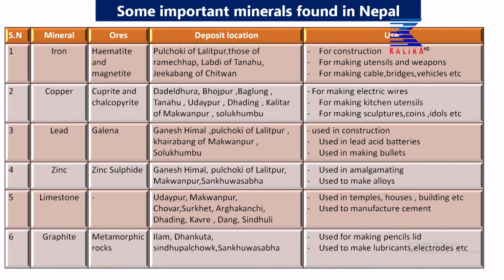Okay, now once again look at the screen. The next mineral is limestone. This time limestone is not a metallic mineral, it is a non-metallic mineral, but it is of greater use. It has an even wider range of application than what I discussed before, because limestone is the primary, most necessary component to make cement material.